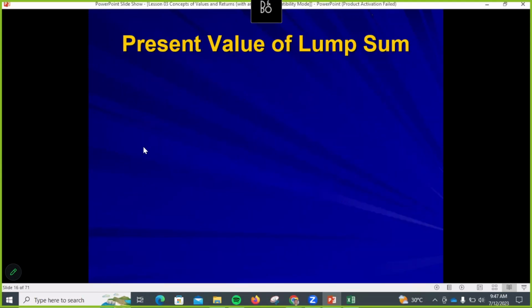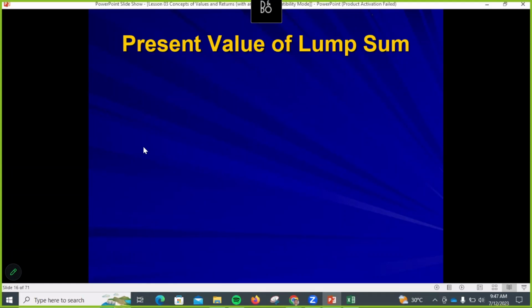As we have seen the three types of cash flows in the future value, we also have some examples of cash flows here. Lump sum is the first.